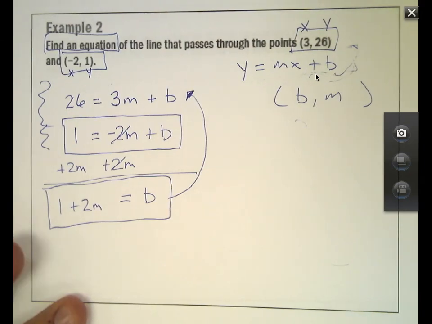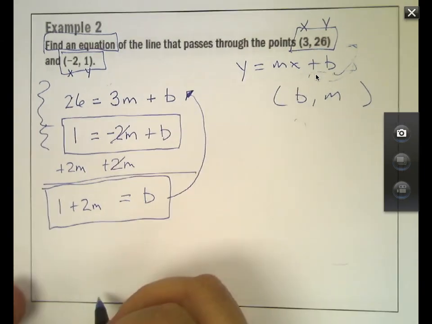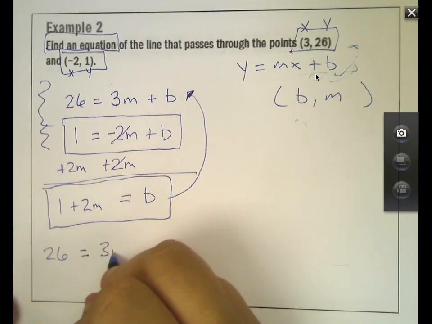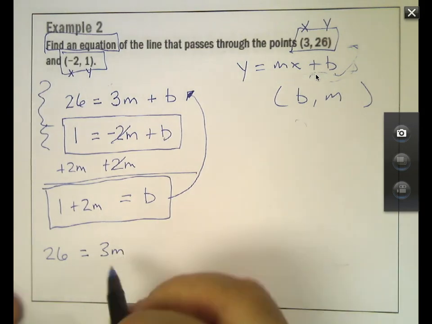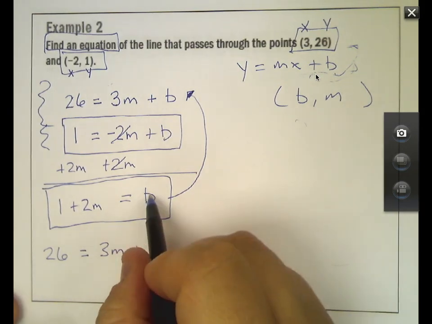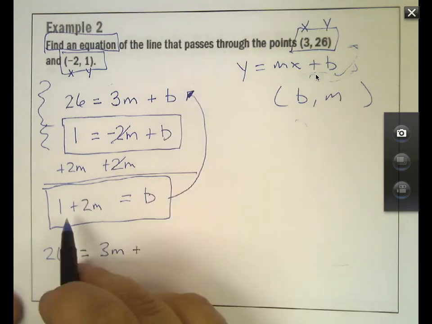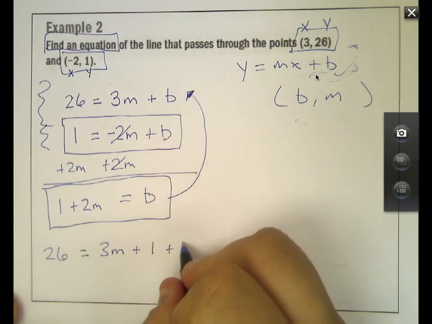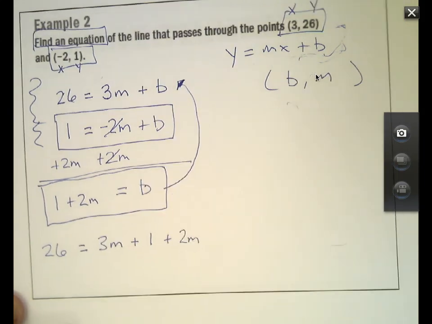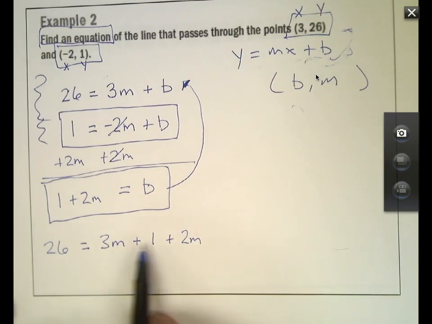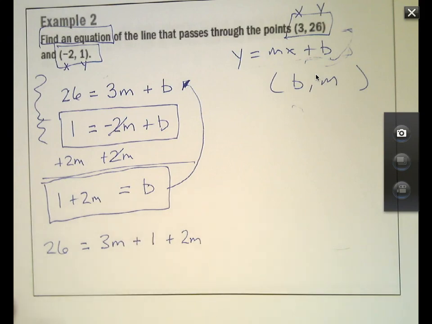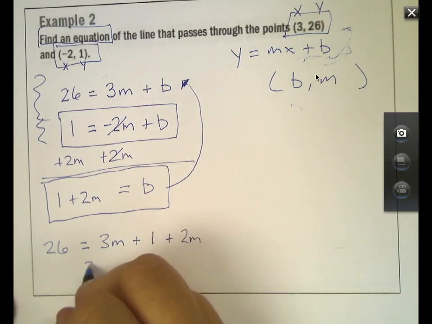Okay, so let's go ahead and do that. Rewrite the first equation. 26 equals 3m plus b. What's b? b is now 1 plus 2m. So 1 plus 2m. And since I'm not multiplying it to anything, I don't need those parentheses. Okay? Well, 3m plus 2m is 5m.